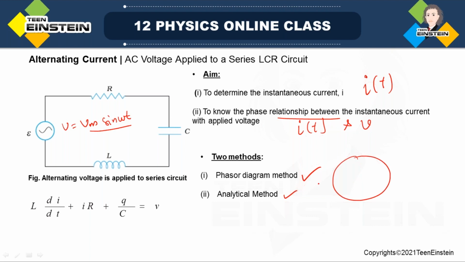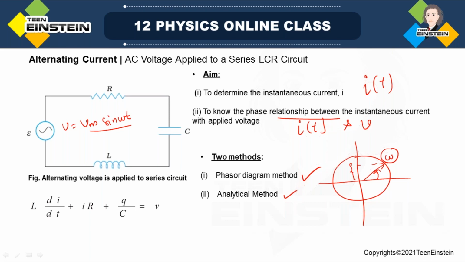Suppose you have a rotating vector, it can be current or voltage, and it rotates anti-clockwise with the same frequency as the signal. The length of this vector gives you the magnitude of that parameter, like voltage or current, and the vertical projection gives you the instantaneous value of that voltage or current.